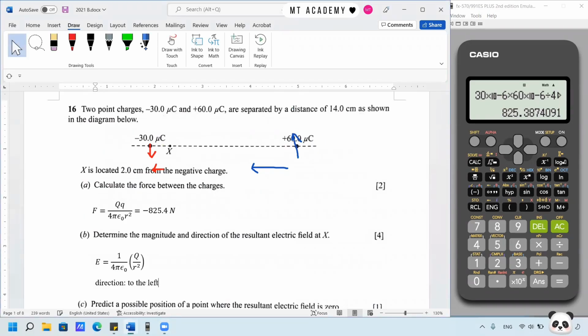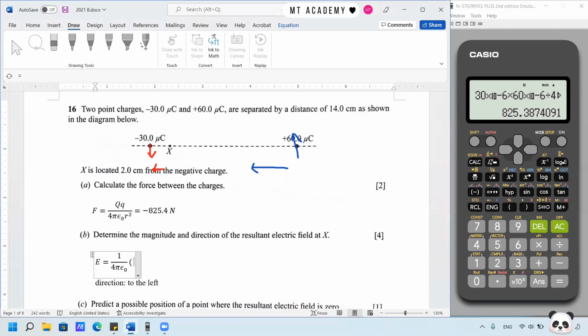The last thing is to get the magnitude. The electric field is equal to 1/4 pi epsilon multiplied by Q over R squared. We just put in the values to obtain the magnitude. The negative sign can be ignored because here we only consider the magnitude, and both of them are in the same direction, so we just perform the addition.